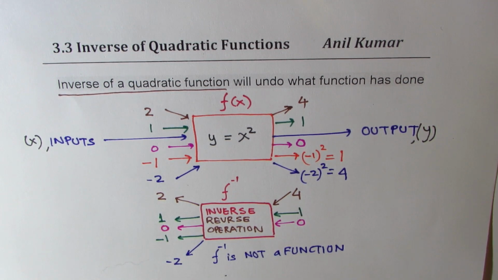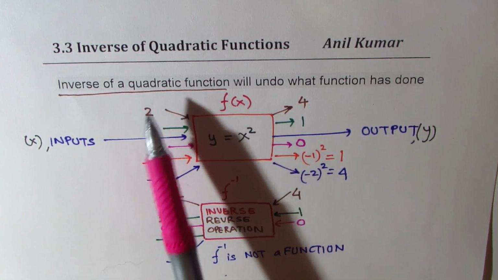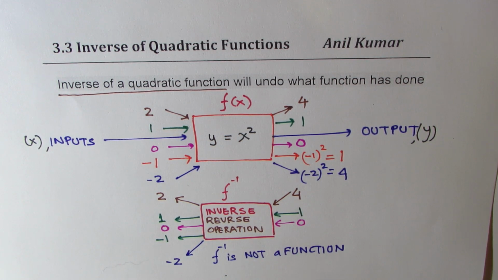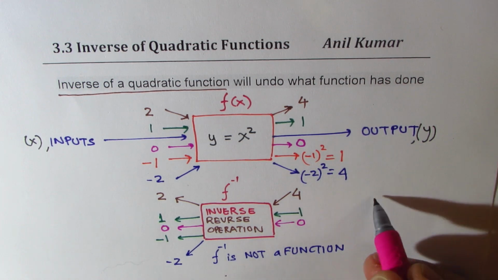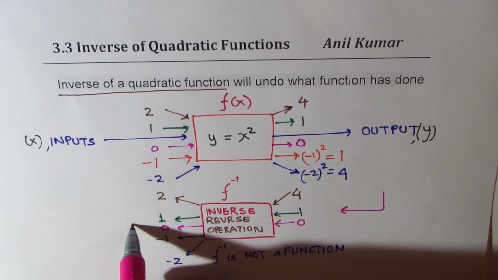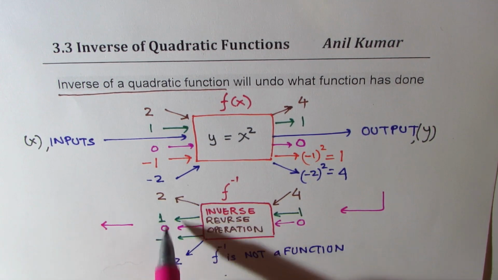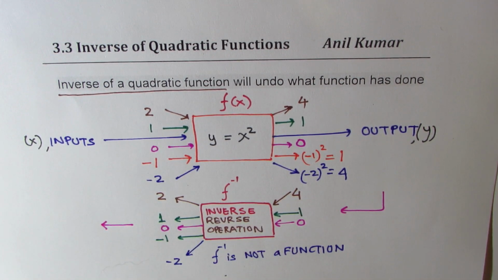That is fine. But with all the other numbers, there are more than one value, 2 in fact. So for the quadratic function, the reverse of the operation gives us 2 values, so it is not a function.